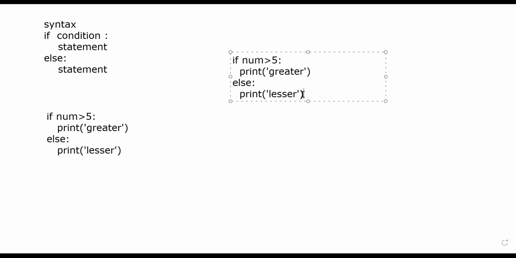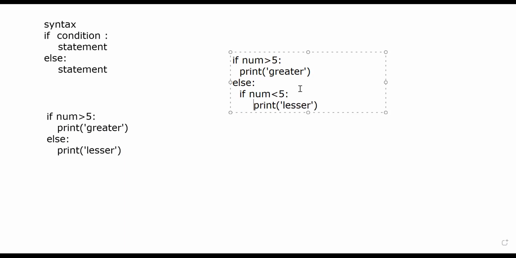So I need to put another if just underneath the else. So after else, I can put another if number less than 5. If number less than 5, it should print lesser.